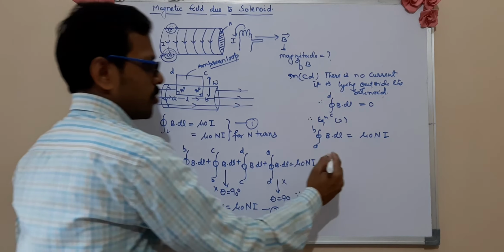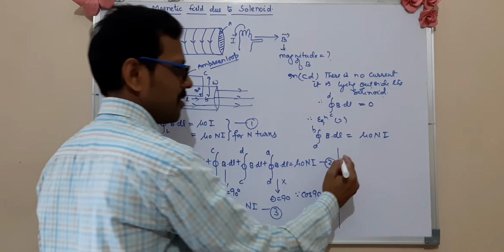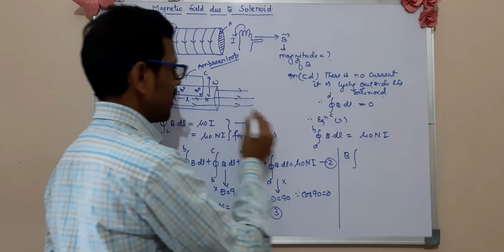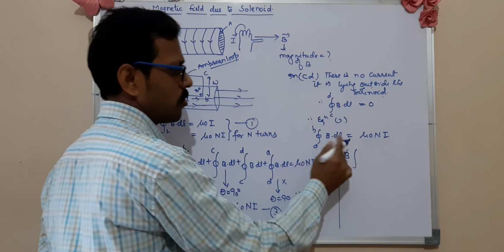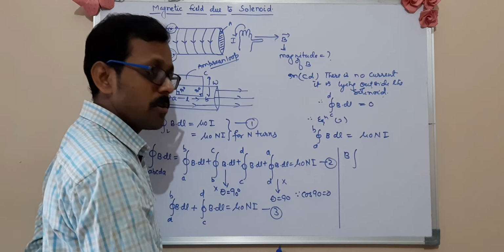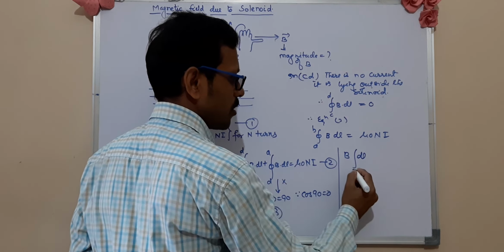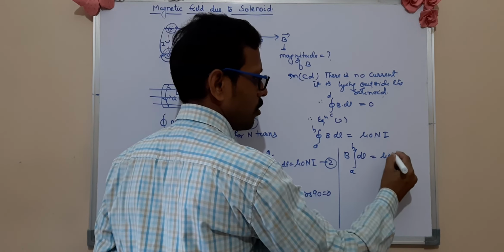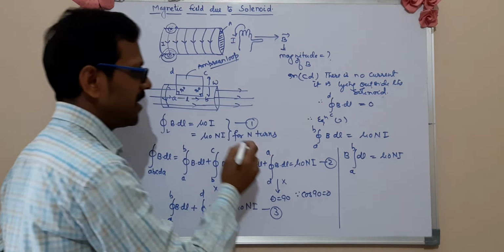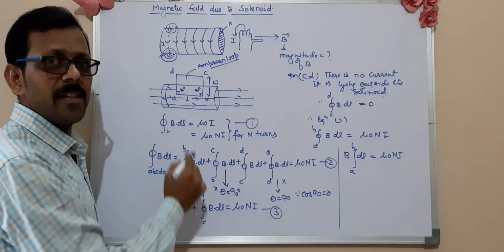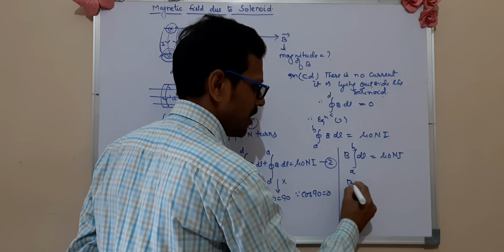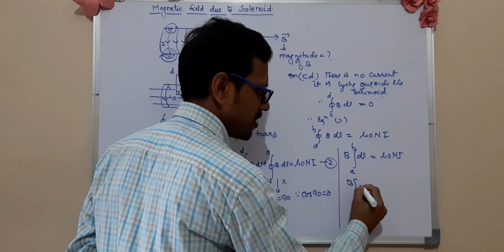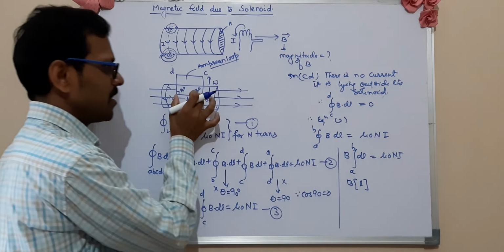Correct? So what is left? We have to calculate the magnetic field, so take B out. And here you will find theta equals 0, so cos 0 is equal to 1. So B times the integral of dl from A to B equals mu naught N I. The integral of dl is the length, so this is the length L from A to B, the total length.